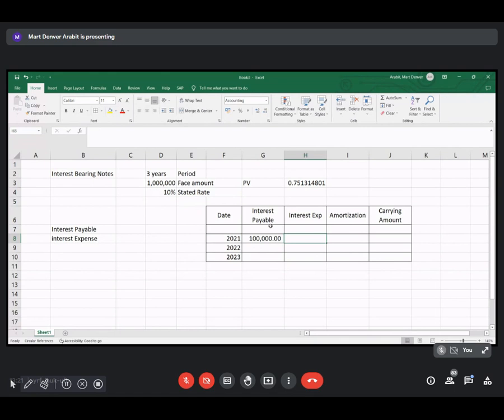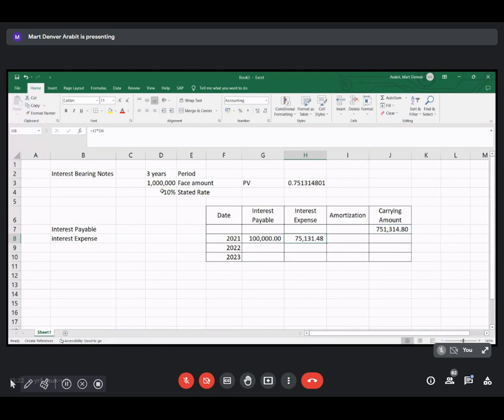So, how do we compute the carrying amount? This one, the face amount, by multiplying it by its present value factor. 751,314. So, we can compute the interest expense by multiplying this by the rate.